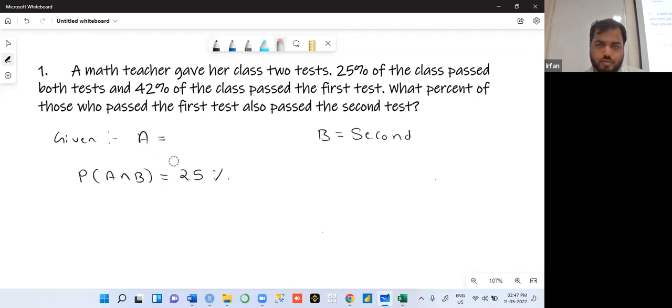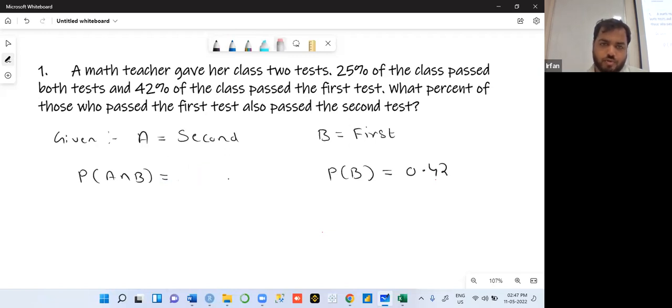I read this as second, but this is first for you. (0.42). This is the probability. I'll convert. This is the given data.